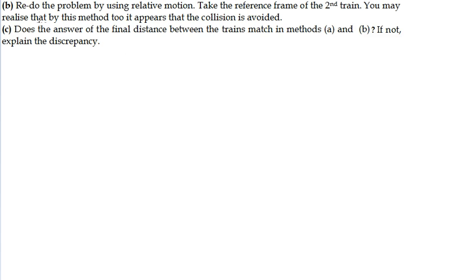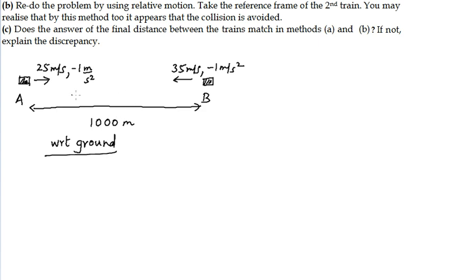In the next part of the question, that is part B, we have to redo the problem by using relative motion techniques, and in particular the problem has to be analyzed in the reference frame of the second train. So to start with, I will redraw the diagram in the ground frame, and as you can see, the initial distance between the two trains is 1000 meters.